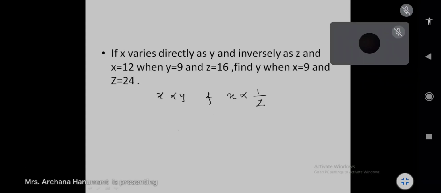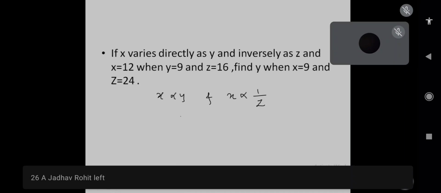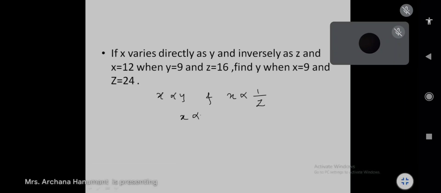And in combination, how can we write this? x varies as y upon z, correct. That means x is equal to k into y upon z.